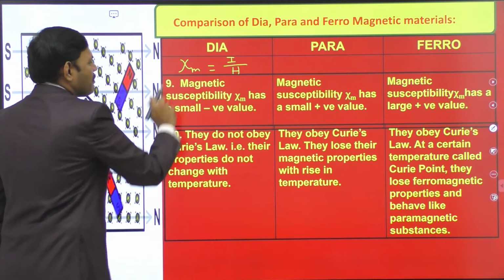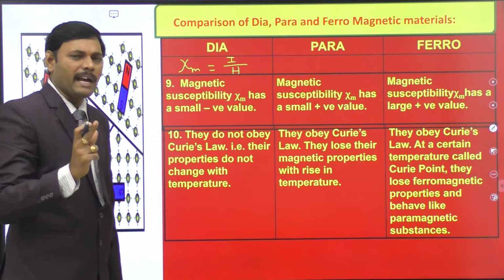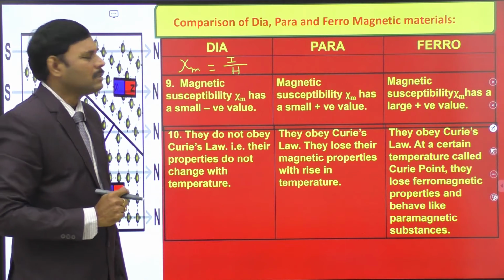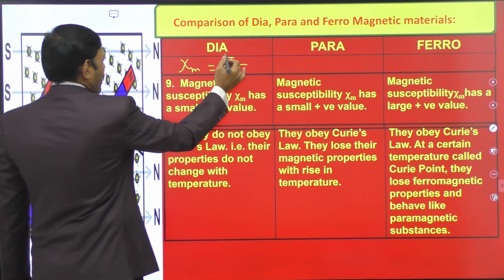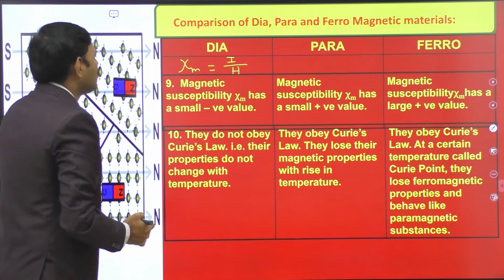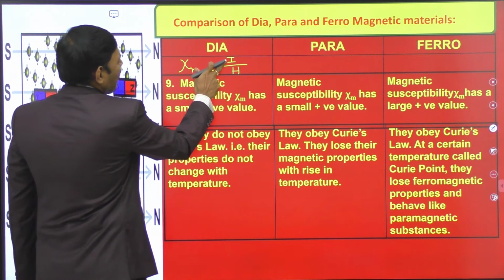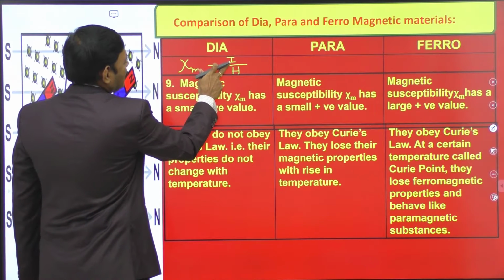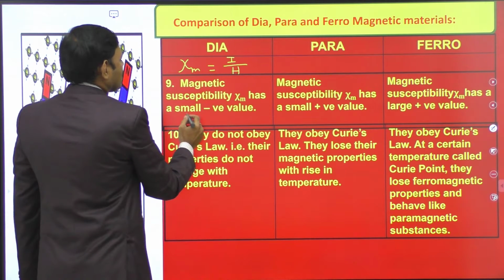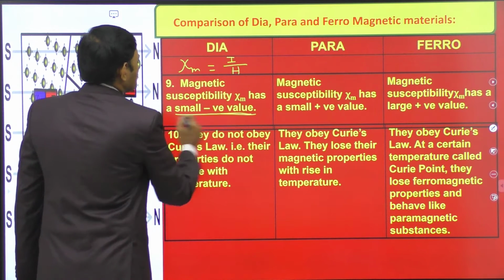Susceptibility is a parameter to know about the magnetic strength, the magnetic property of a magnetic material. It is the ratio of intensity of magnetization to the magnetizing field. We know that intensity of magnetization is small and negative, so susceptibility is also small and negative.